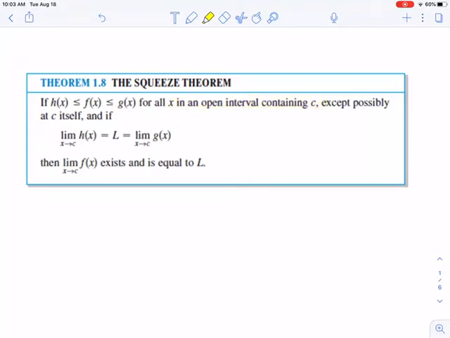Now, if we know that our lower end, as x approaches c, has the limit of L, and we know that our higher end has the same limit as x approaches c, then this middle guy would also have a limit as x approaches c of L.